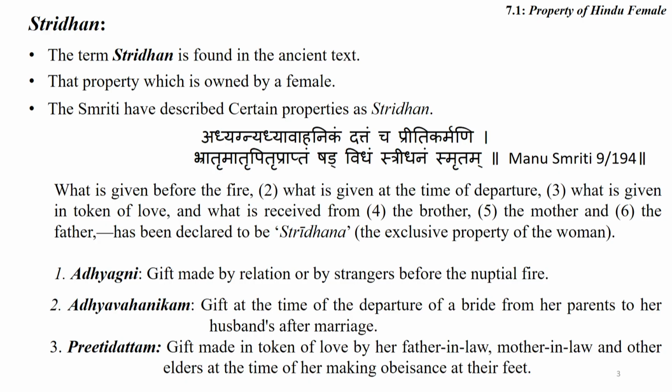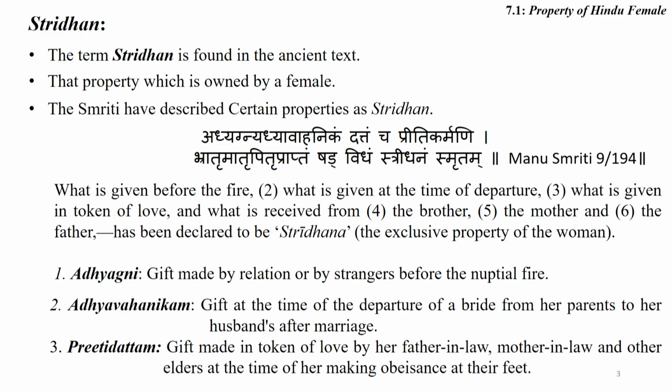Friends, the translation of this verse by Ganganath Jha suggests that what is given before the fire, what is given at the time of departure, what is given in token of love, and what is received from the brother, mother, and father has been declared to be Stridhan, which is the exclusive property of a female.